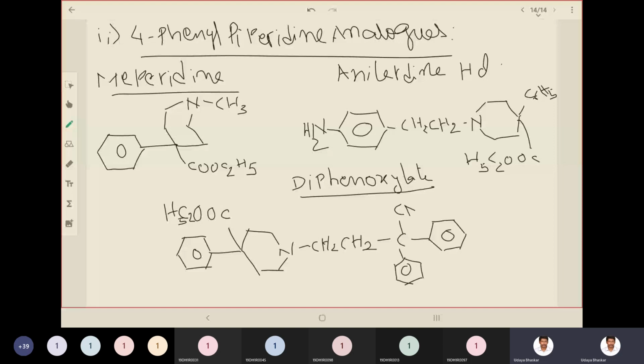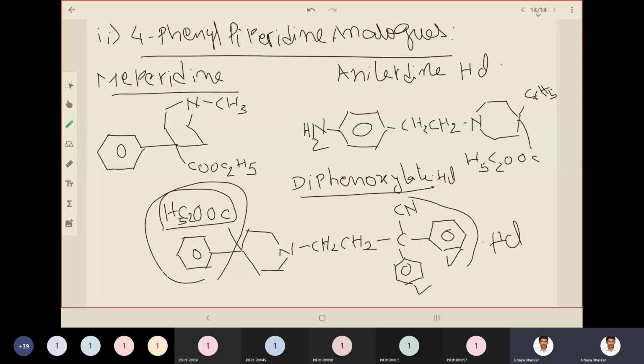So this makes the HCl salt of diphenoxylate. Two phenyl rings. Likewise, you remember diphenoxylate comes from this moiety. But you better remember this moiety and compare these two substances from your earlier structures, as the one phenyl ring and one ethyl ester group is common in the last two structures also.